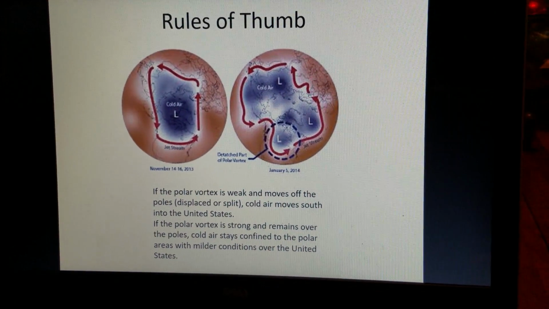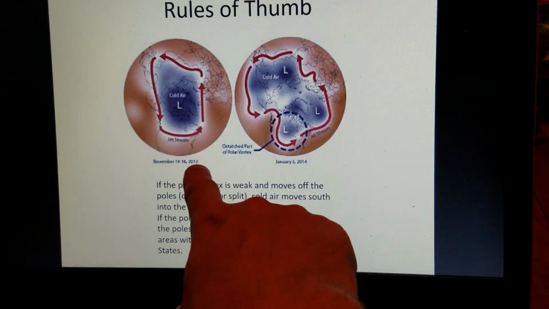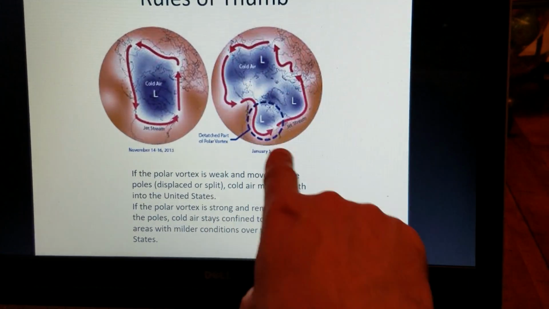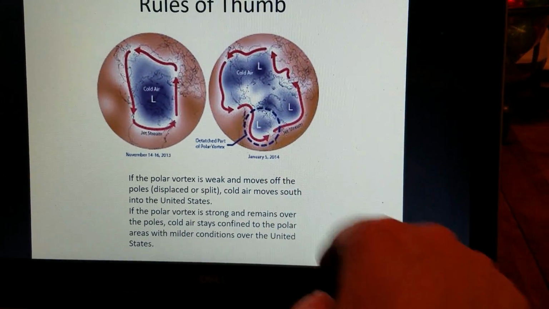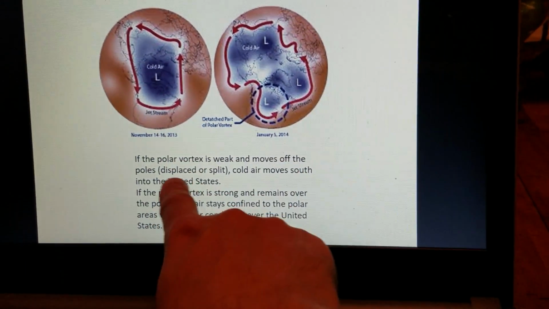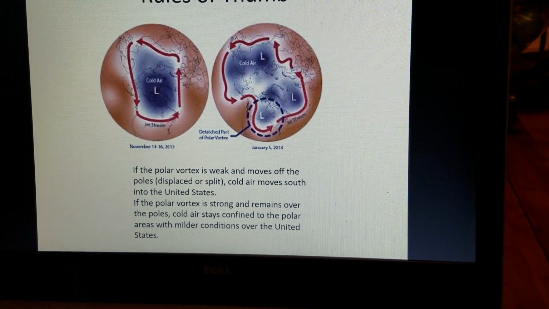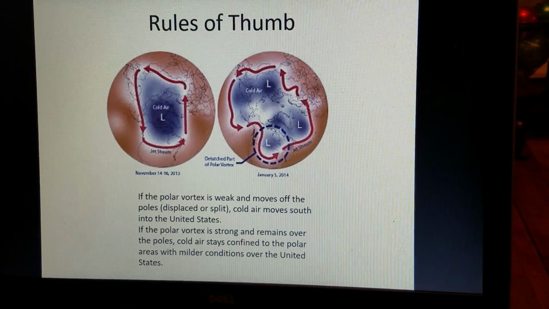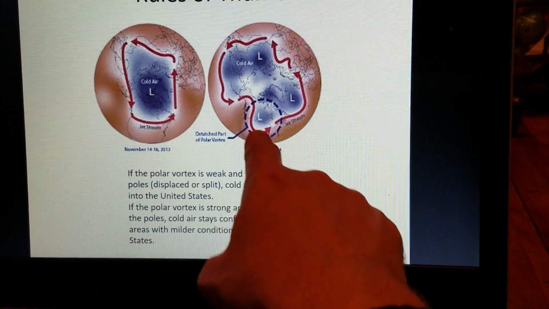So rules of thumb. This was an image from November 2013. This one on the right was an image of January 5th, 2014. So if the polar vortex is weak and moves off the poles, if it's displaced or split, cold air generally moves south into the United States, like this.